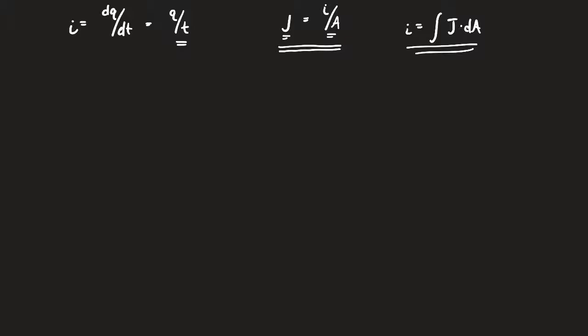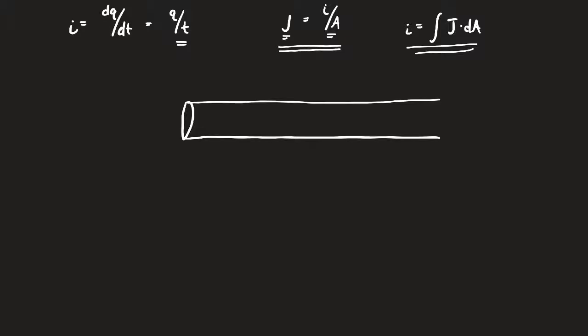So I want to start by recognizing that if we have a piece of some conductive material, and for the time being, let's assume it has a uniform shape with a cross-sectional area A and a length L, and that it is filled with charge carriers.